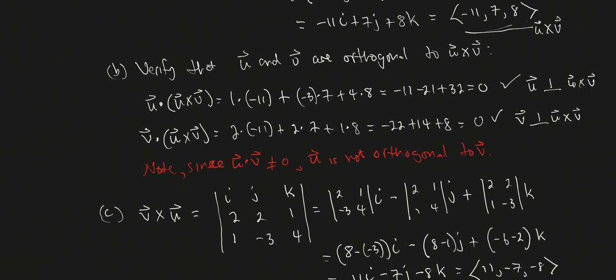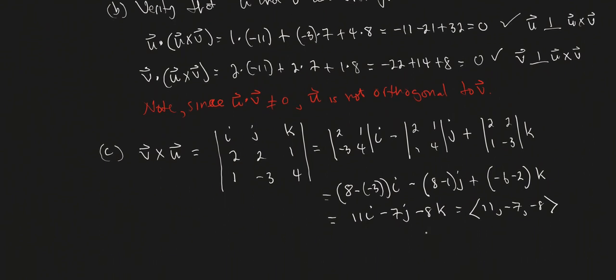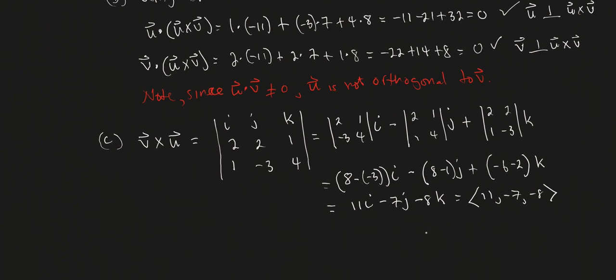So by changing the order in which we do the cross product, we actually find the vector going in the opposite direction. Because notice that this vector times negative 1 produces this one. And we know whenever we multiply a vector by negative 1, it only changes the direction, not the magnitude, right?